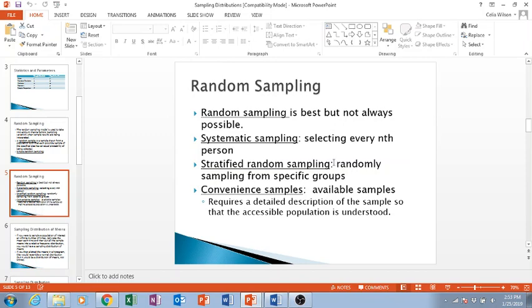Stratified random sampling means randomly sampling from specific groups. I had a student who did a reading intervention one summer, and she wanted to make sure that her participants mirrored the community in which she was providing the intervention. So she determined the population of students in her particular age group who went to a higher SES public school, a Title I public school, a charter school, private school or homeschool, and there was another group there.